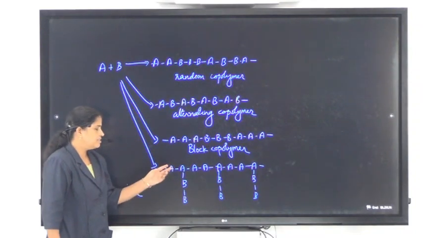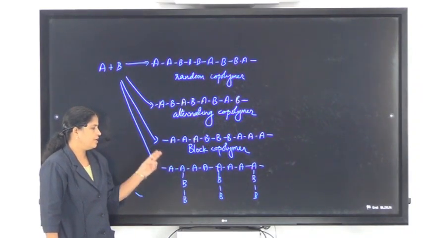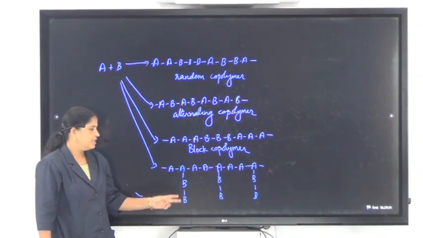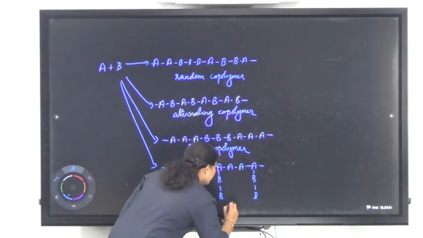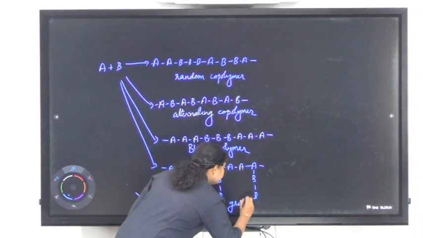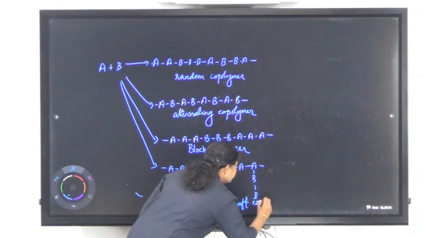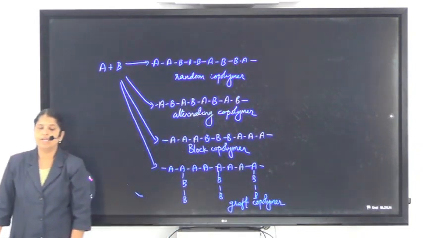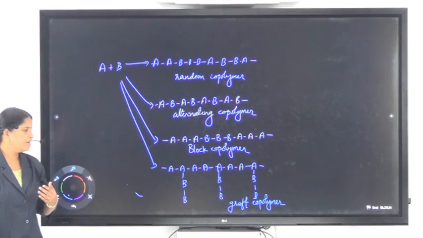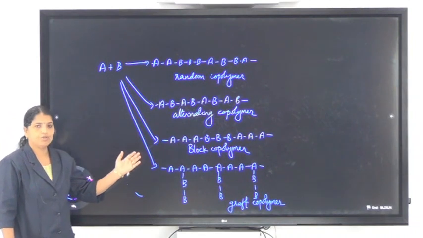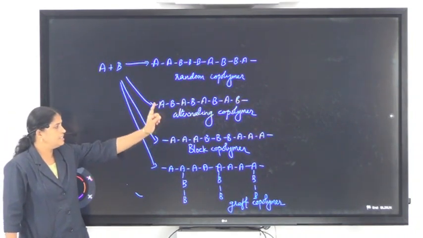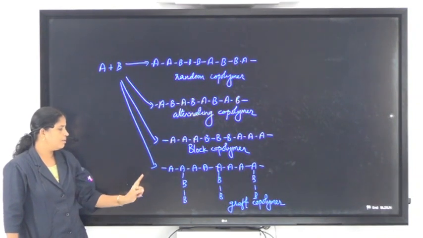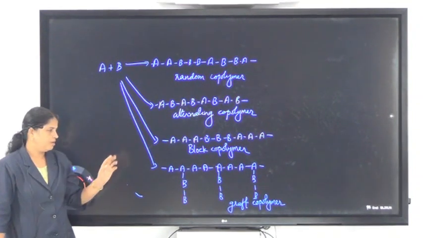The main chain consists of the first monomeric unit, and there can be branches with the second monomer units. That is known as a graft copolymer. So depending on the arrangement of monomeric units, there are 4 types of copolymers: alternating copolymer, random copolymer, block copolymer, and graft copolymer.